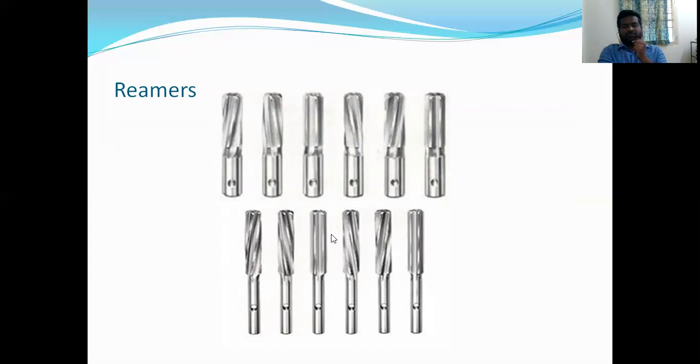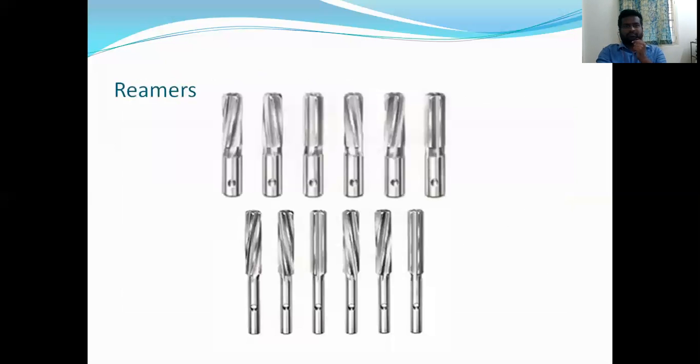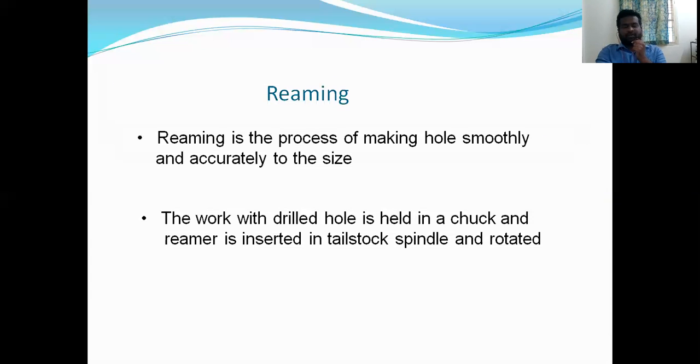These are fixed into the tailstock to do the operation. Reaming is the process of making a hole smooth and accurate to size. It is not actually making the hole as in drilling. It is only used as a smooth finishing operation, right?